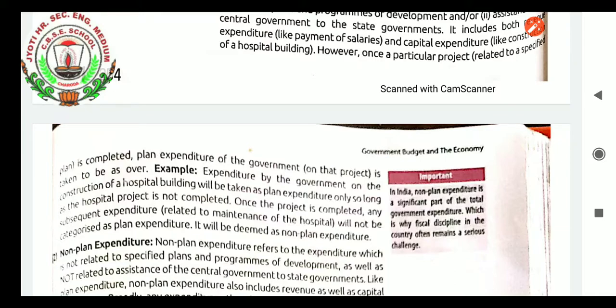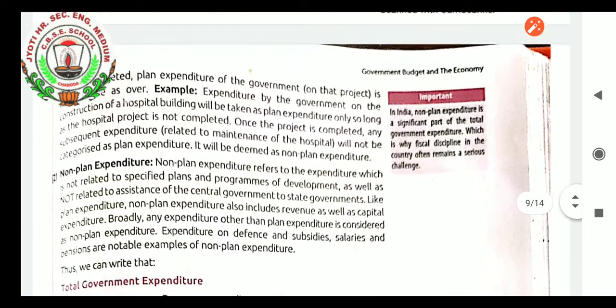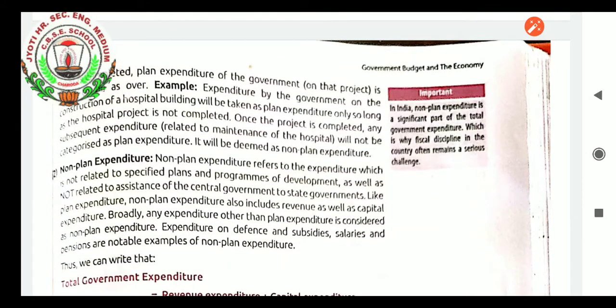Non-plan expenditure refers to the expenditure which is not related to specified plans and programs of development as well as not related to assistance of the central government to state governments. Like planned expenditure, non-plan expenditure also includes revenue as well as capital expenditure. Broadly, any expenditure other than plan expenditure is considered as non-plan expenditure.